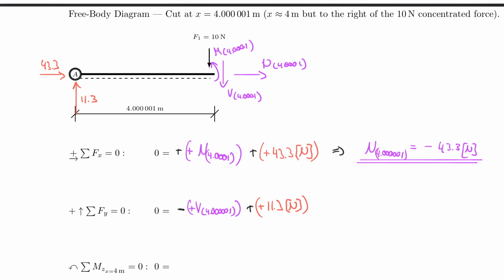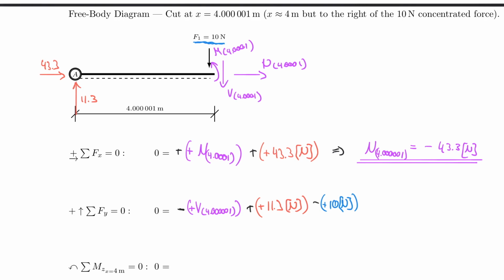And I now need to actually include this 10 Newton here. So therefore I also have a positive 10 Newton because a force is always positive in a diagram, but it's acting in the negative direction, so therefore it's going downwards.